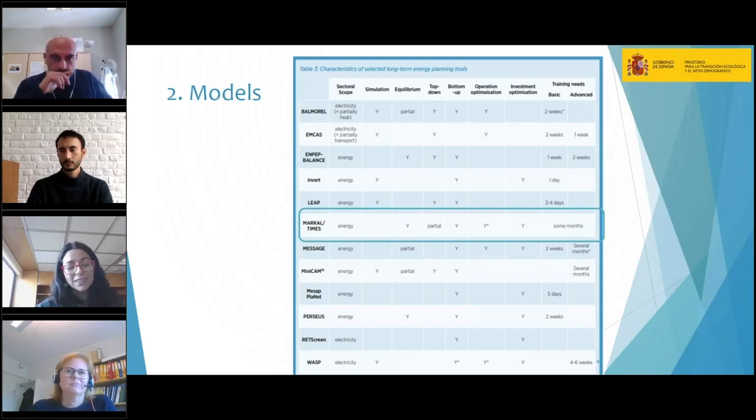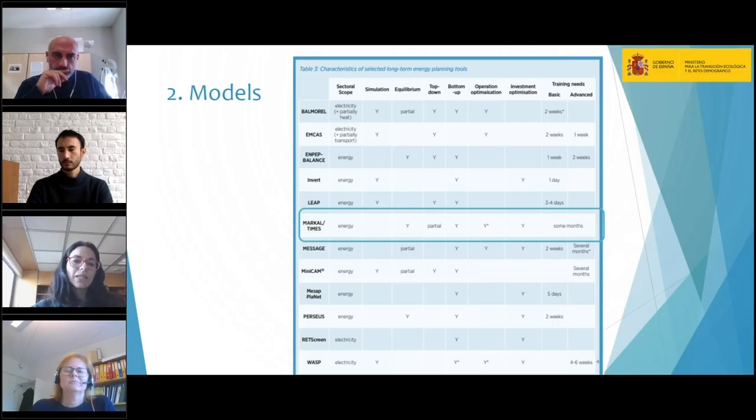When we started this exercise that is new for all the member states, I think that this is one of the main challenges. We had to select one model from the big portfolio of models that I think everyone in this conference will know, because I guess most of the people in this conference are entirely dedicated to modeling.